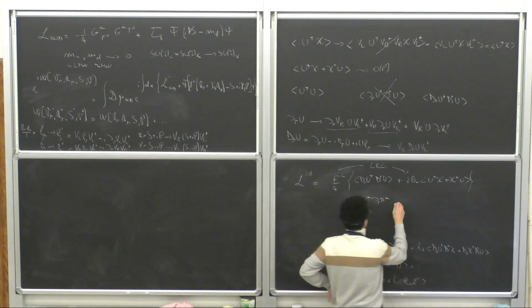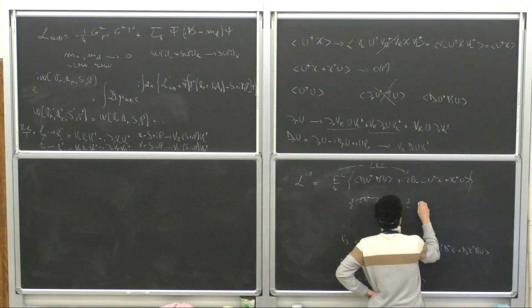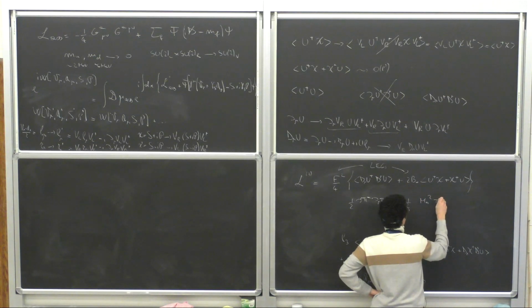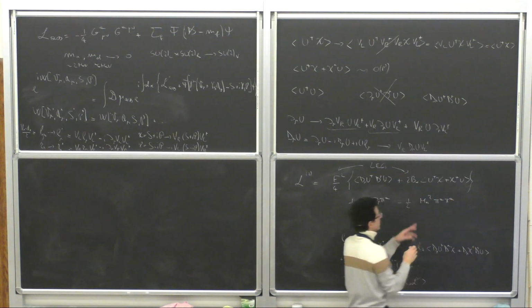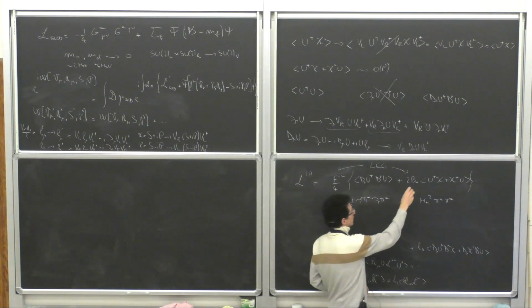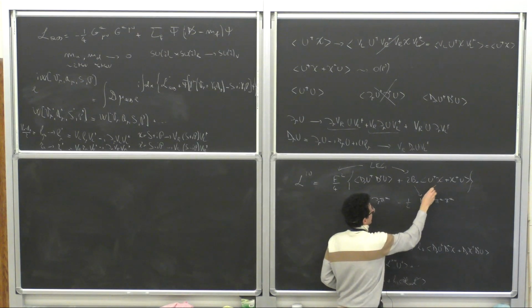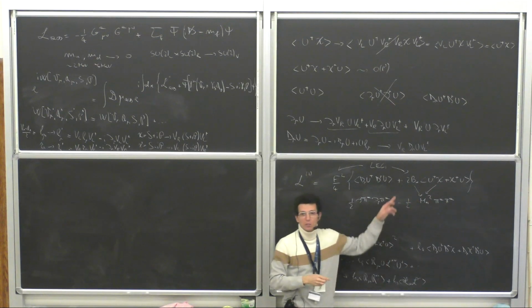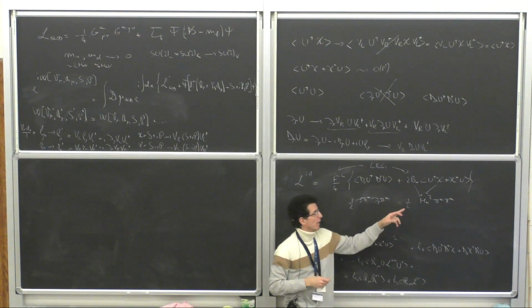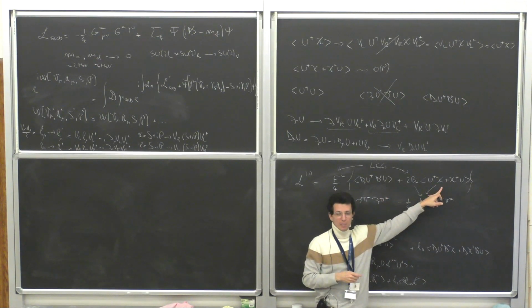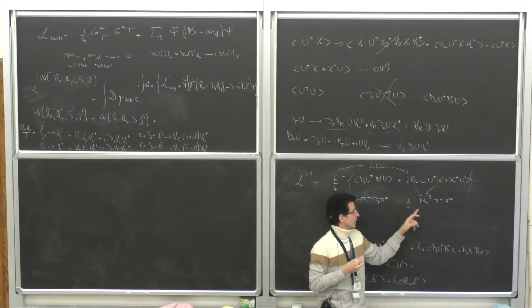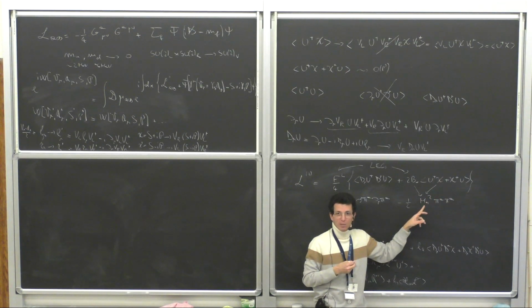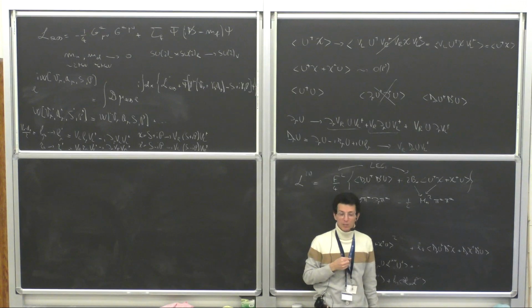There will be also like m_π² π^a π^a. This is the mass term, and this mass term is related with this low energy constant B0 and to the source χ, through the quark masses. And we have the Gell-Mann-Oakes-Renner relation that we had written before.